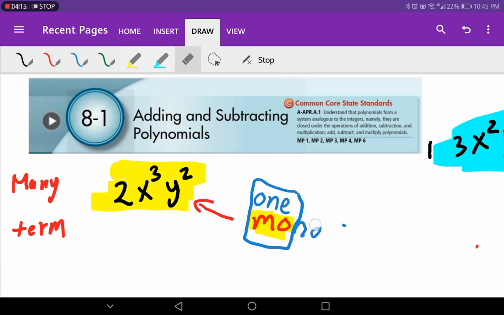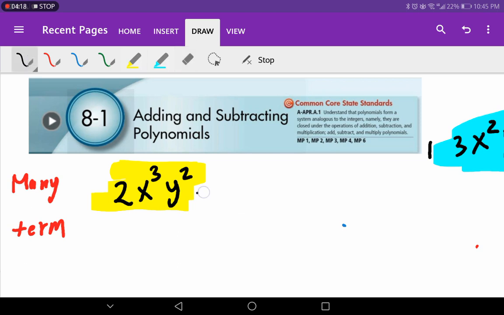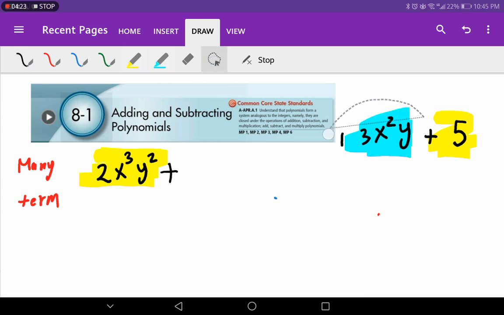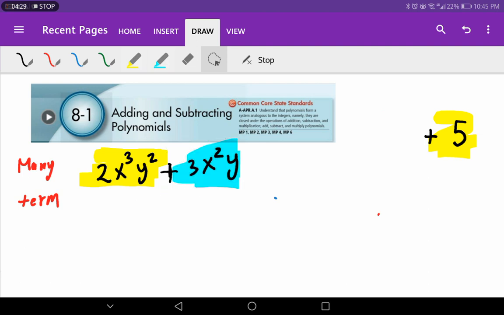Now if we have two terms, let me bring this one here. Now this polynomial is called a binomial. Bi means two, so two nomials, that means I have two terms.